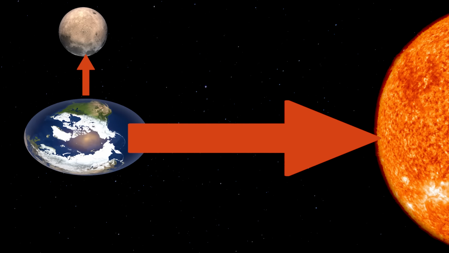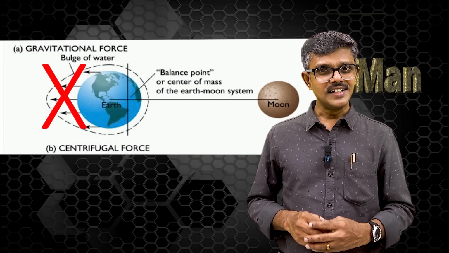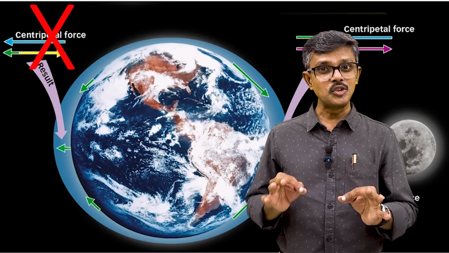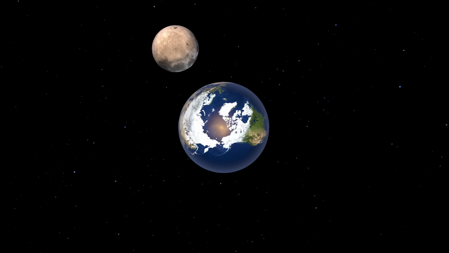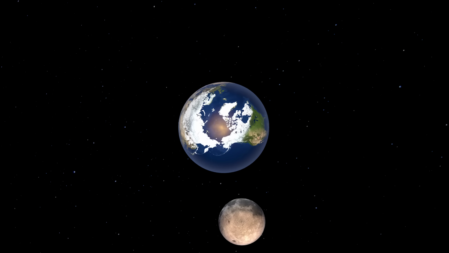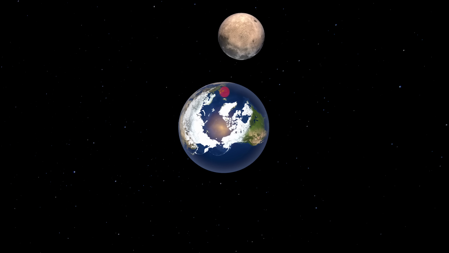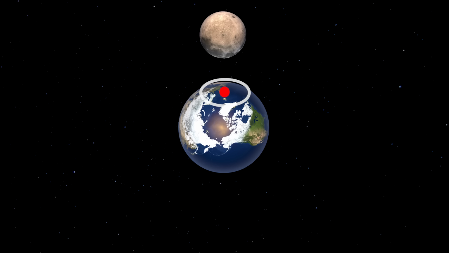And the reason for the farthest bulge, according to many, is related to the Earth-Moon rotation system. In a general sense, we say the moon is revolving around the Earth, but actually, both are revolving about a common point called the barycenter, and this point, in fact, lies at this portion of the Earth.